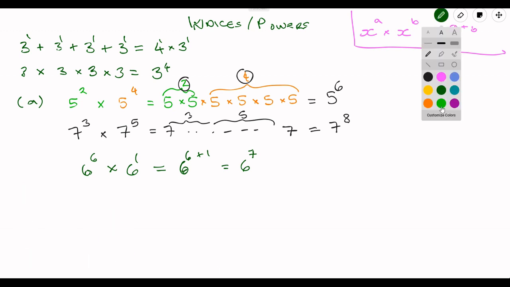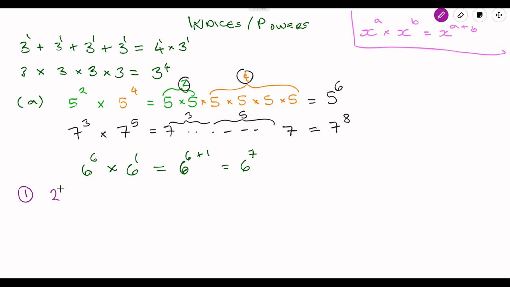Okay, let's go in the purple down here. So question 1, let's do 2 to the 8 times 2 cubed. Okay. And for question 2, 7 to the power of minus 3 times by 7 to the power of 5.